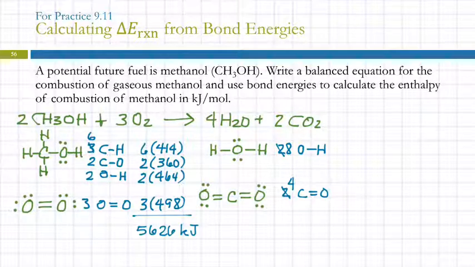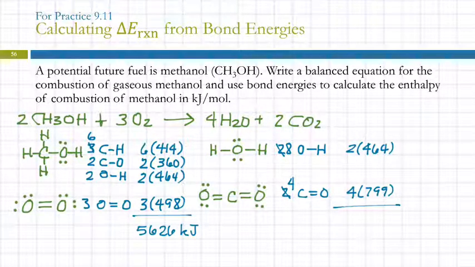So over here, we've got 2 oxygen-hydrogen bonds, 464, and 4 carbon-oxygen double bonds in CO2, so those are 799 each. 2 times 464 plus 4 times 799. Total over here is 4124.